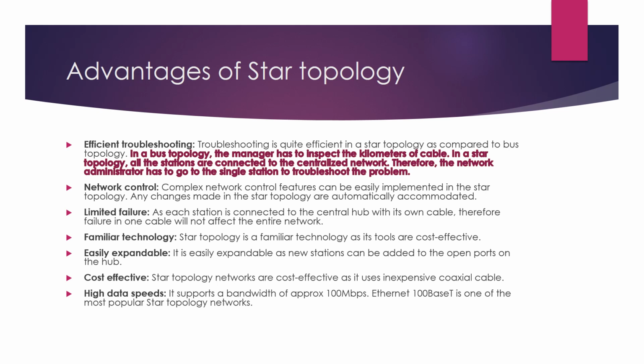Cost effective: star topology networks are cost effective as they use inexpensive coaxial cable. High data speed: it supports a bandwidth of approximately 100 Mbps. Ethernet 100 Base-T is one of the most popular star topology networks.